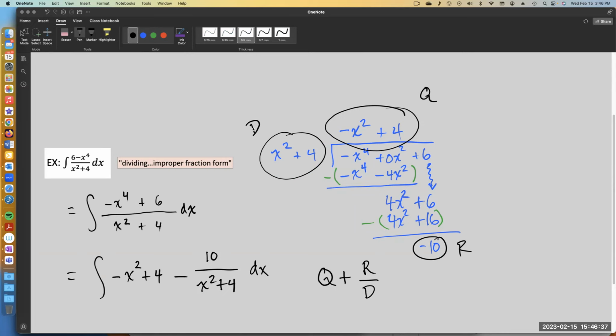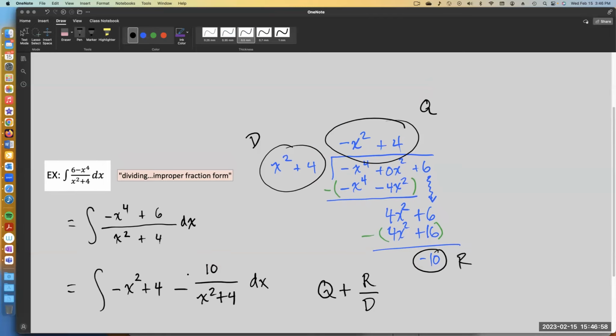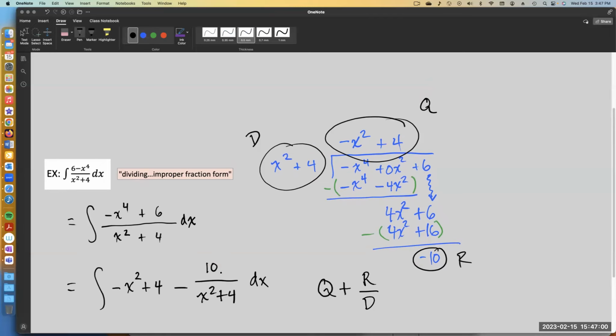Jim, wouldn't it be plus because it's a negative over a negative? So we have to remember that this is 6 minus positive 16. I mean, at the bottom, the remainder is negative 10. Isn't it negative 10 over negative x squared? Oh, it's that whole expression. Are you missing a minus sign then in the denominator?